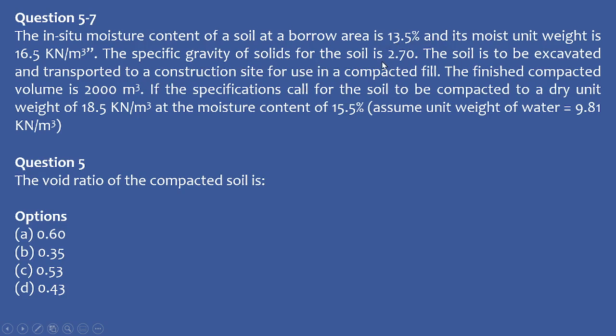And when we bring that soil to the compacting site, the characteristics of the soil are given here, and the volume of that compacted part is also given. So first you need to determine the void ratio of the compacted soil, the place where we are giving the fill with the compaction, like what should be the void ratio of that.